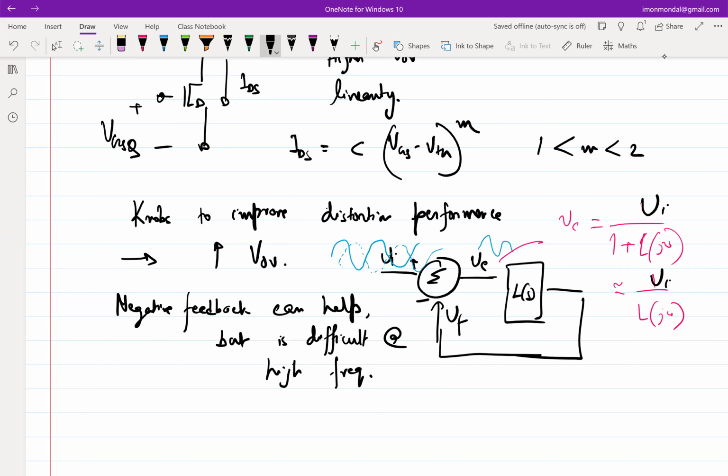And if your VI is, let's say, 1 volt or even 100 millivolts, then VE becomes approximately 100 millivolts or 10 millivolts. And that can be significant depending on the type of nonlinearity that you have.